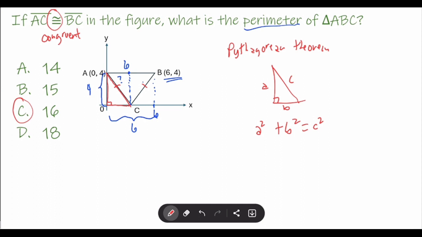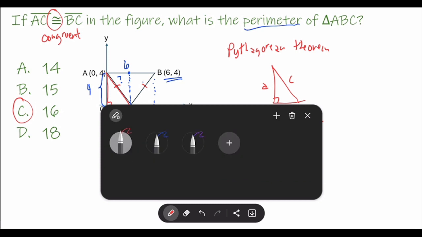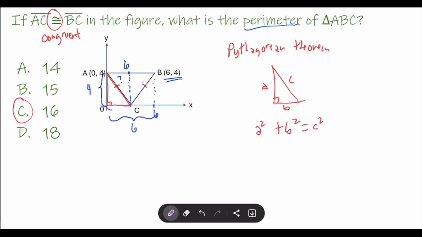The b is not given, but you can figure it out, because it's half of the length of the base on top. So it's 3 because it's half of 6. Why is it half? Because it's given that AC and BC are congruent, meaning they are equal in measure. So it's right in the middle of this length, this AB.